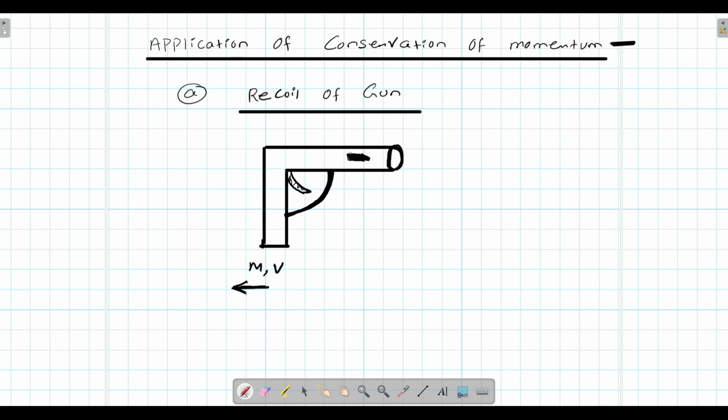Mass of the bullet is small m, and speed of the bullet is small v.